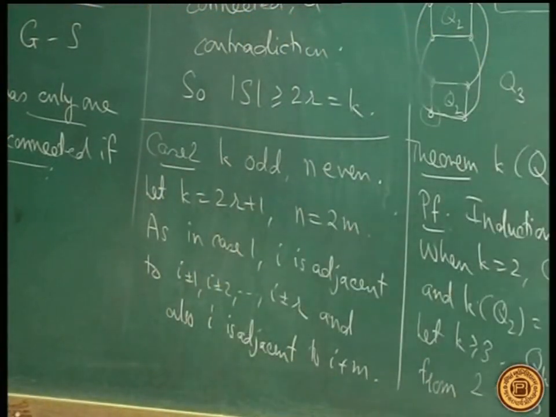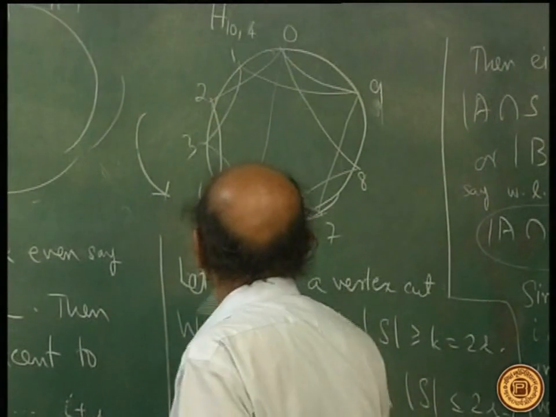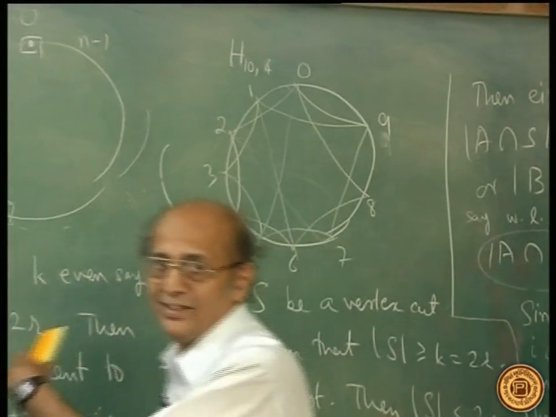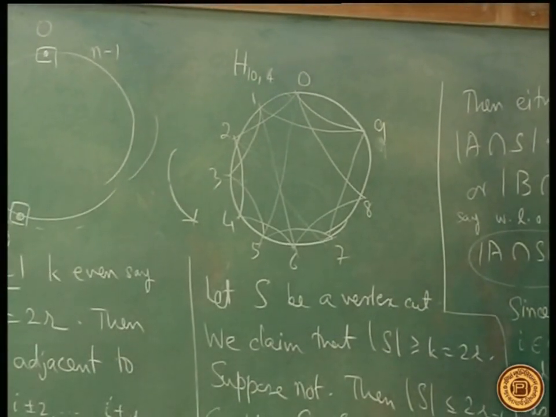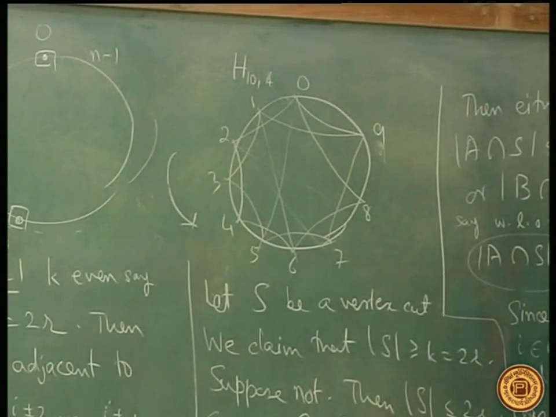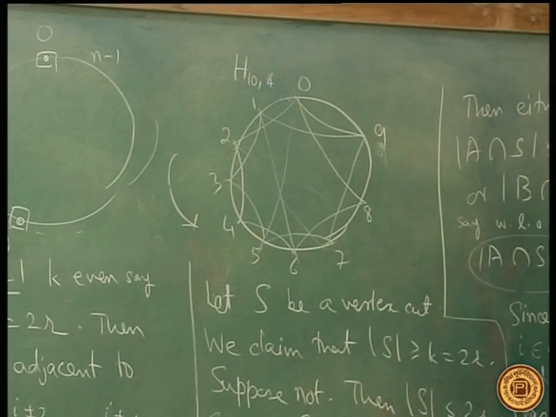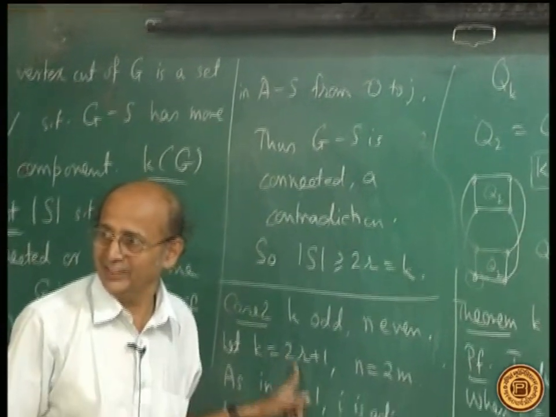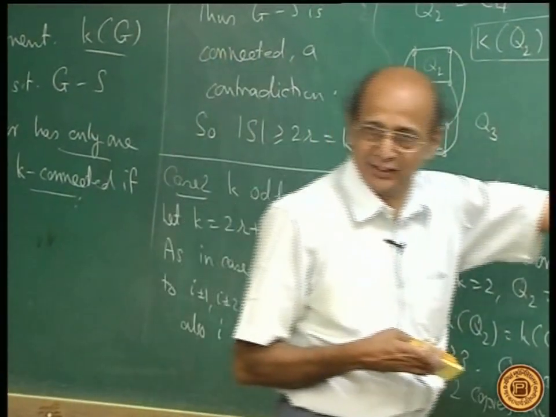Yeah, that vertex 0 is adjacent to 5. Okay? Diametrically opposite. So those are the only additions. 1 is adjacent to 6, 2 is adjacent to 7. Okay. Diagonally opposite. Proving that the connectivity for this is k will require a little more work, but that is similar. Okay?